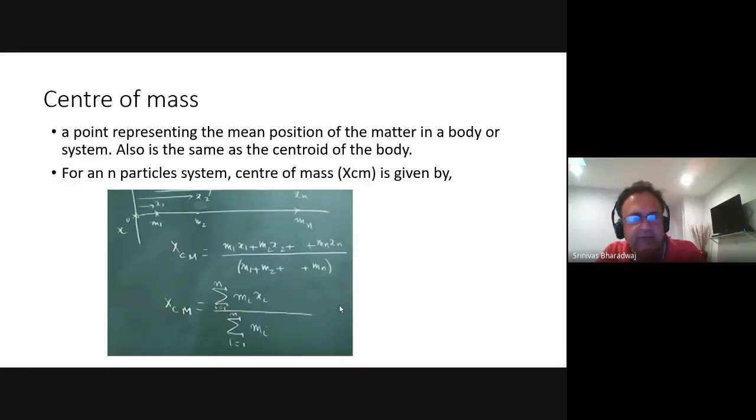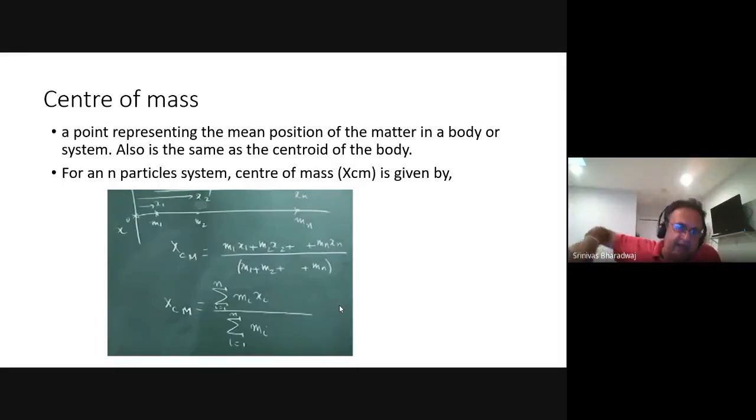So the total sigma mi xi is 1 times 10 plus 10 times 1, which equals 20. 20 divided by the sum of the masses, 10 plus 1, so 20 divided by 11, that is almost 1.8. That is how you calculate the center of mass. It will be closer to the bigger body.